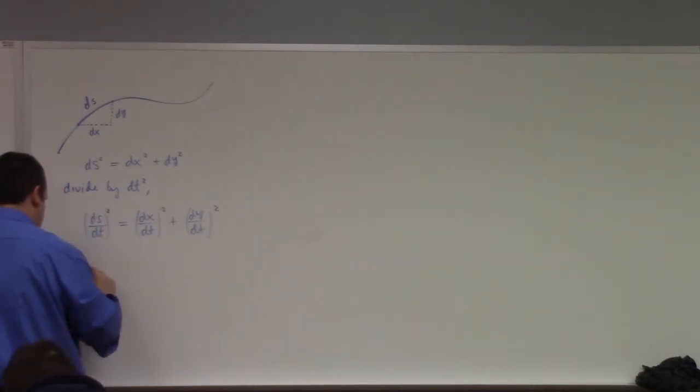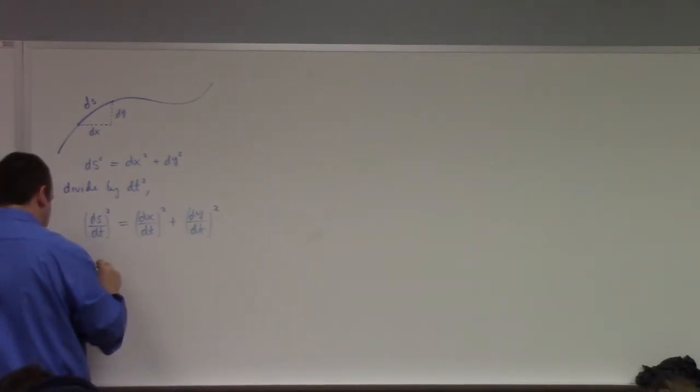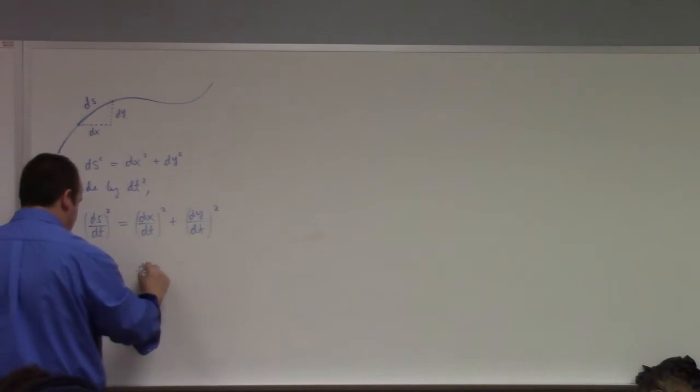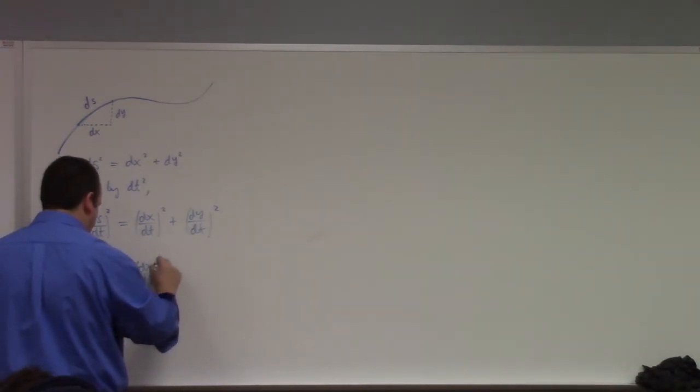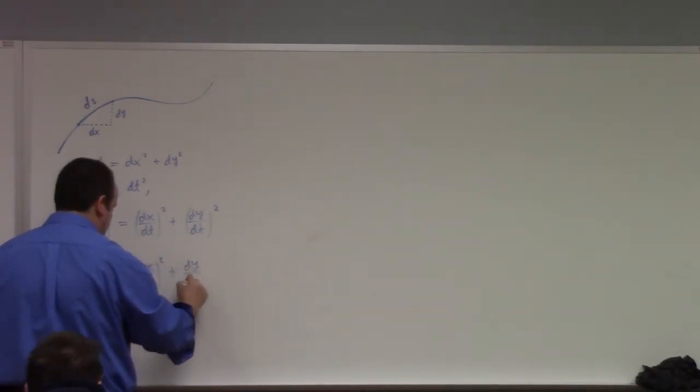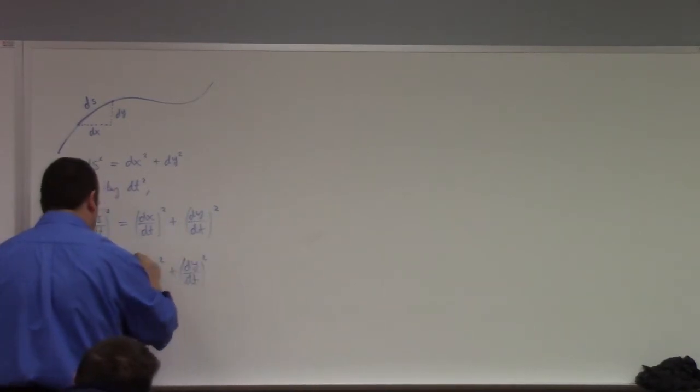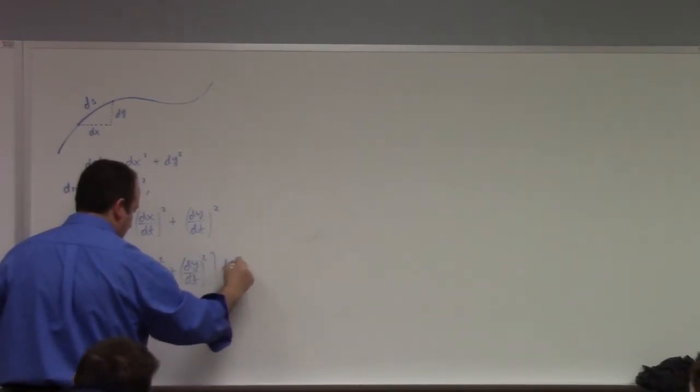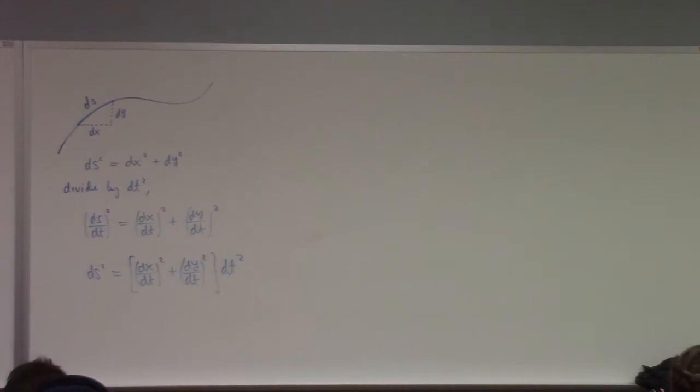So apparently ds squared is equal to (dx/dt) squared plus (dy/dt) squared, all times dt squared, right? I'm getting to the point here.